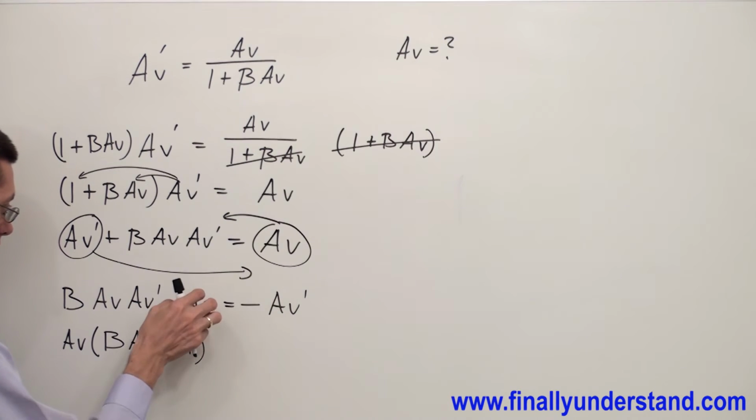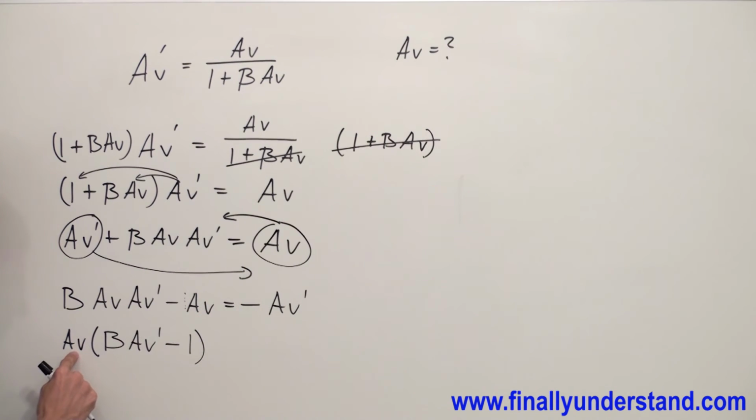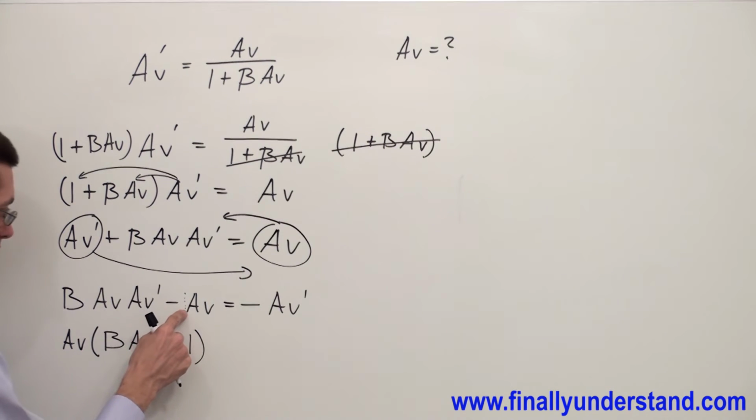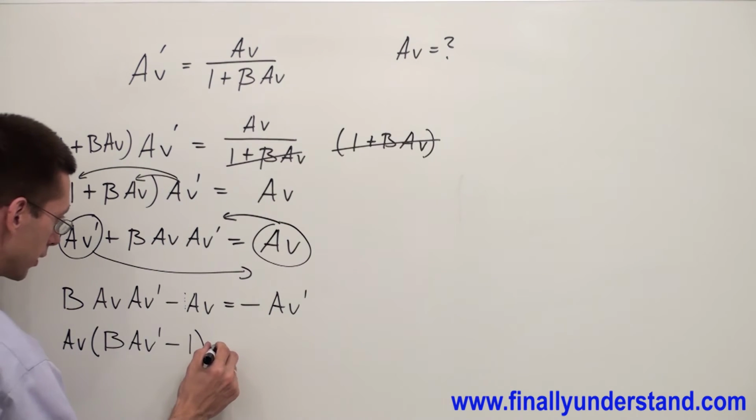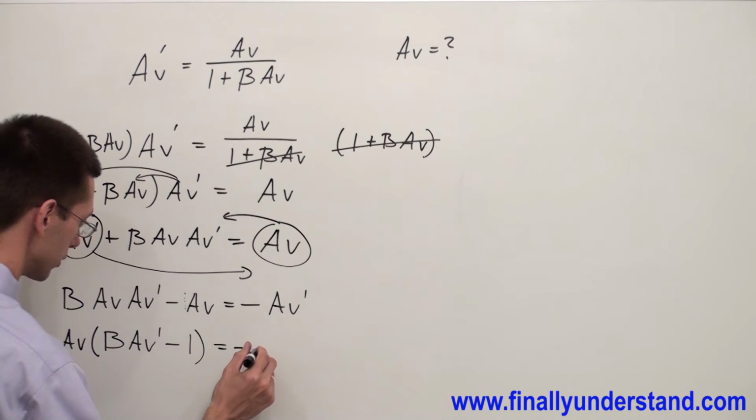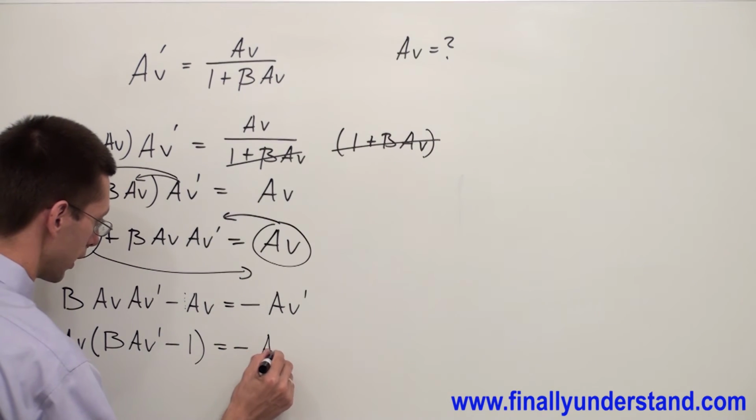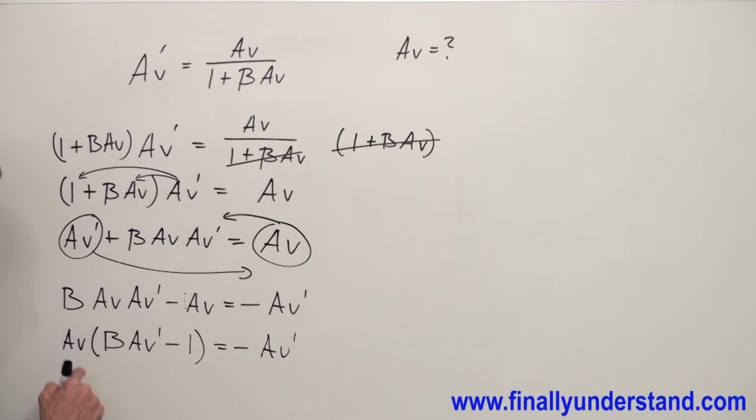If you are going to take this AV and factorize and write it in front of the parentheses, this invisible 1 becomes visible. That's why I have 1 over here. Equals minus AV prime.